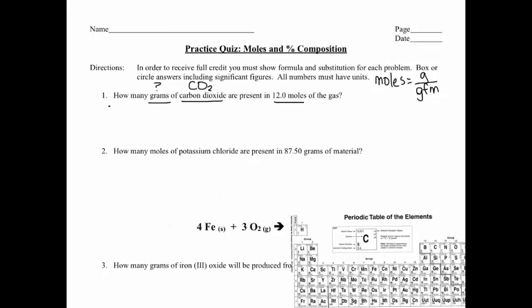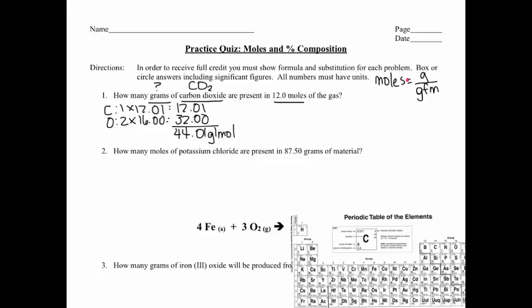We have 1 carbon at 12.01. So that's just going to be 12.01. And then oxygen, we have 2 at 16.00. So that's 32. We add those up, we get 44.01 grams per mole. That was just the work to get the GFM.